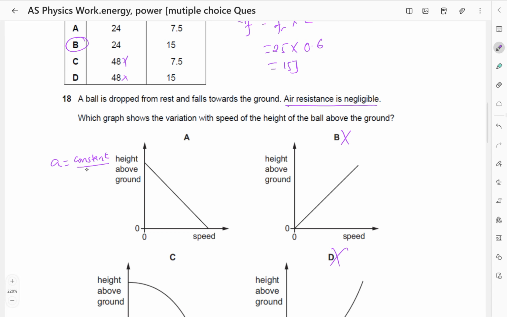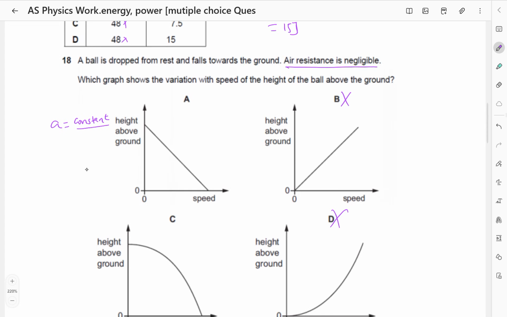No. Height, air resistance is negligible. When the height decreases, the speed also decreases.